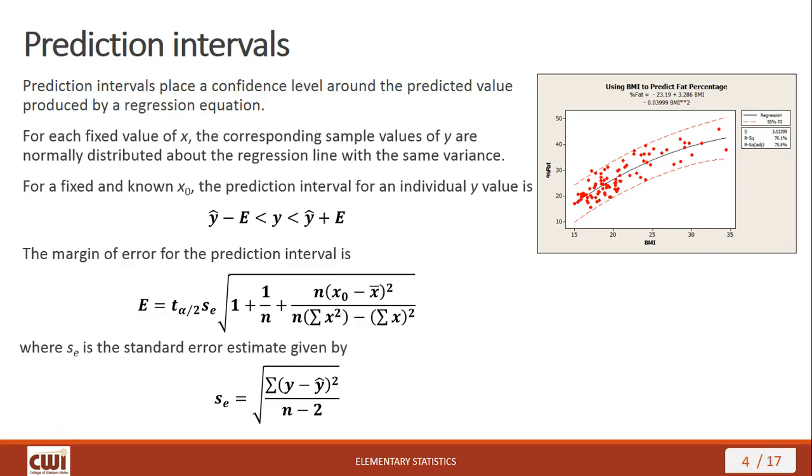We're going to use software to calculate our prediction intervals for us, but we will look a little bit at using the equations that you see here by hand, just so you can understand what the computer's doing. Note there are n minus 2 degrees of freedom with our standard error estimate. This is very important. So again, we see one more instance where there are n minus 2 degrees of freedom.